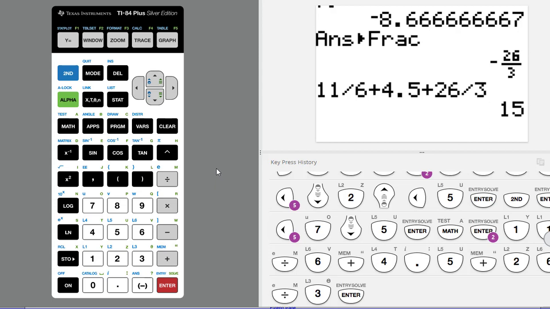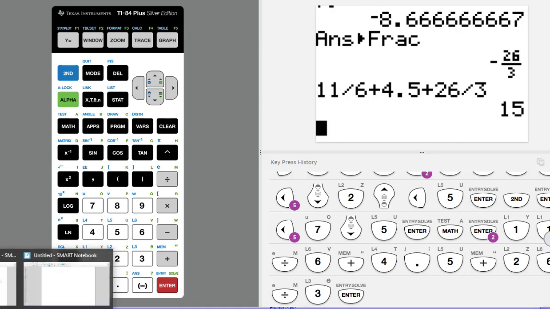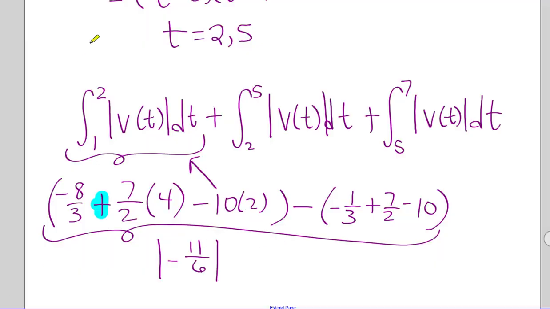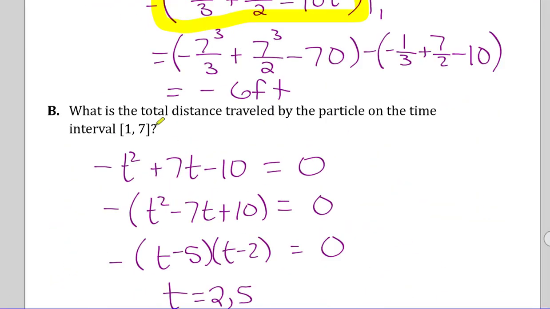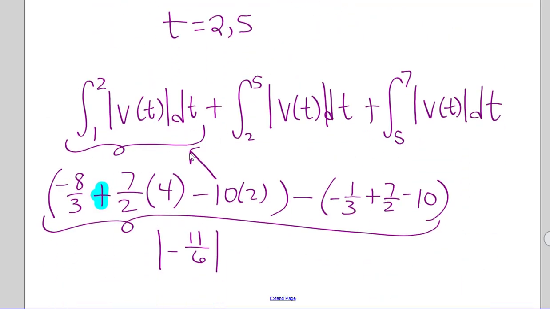Okay, so looking back at the problem so that we can put this in context. We were trying to find the total distance traveled on the interval from 1 to 7. And when we added all of these pieces together, for this one, when we did the absolute value, we got 11 over 6.